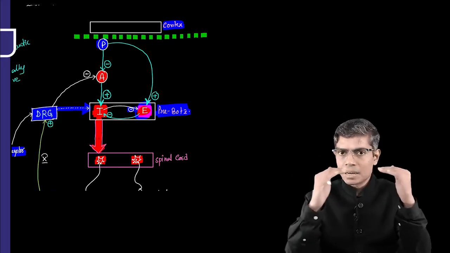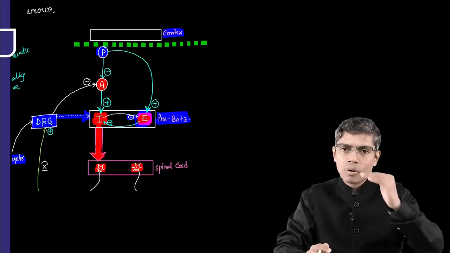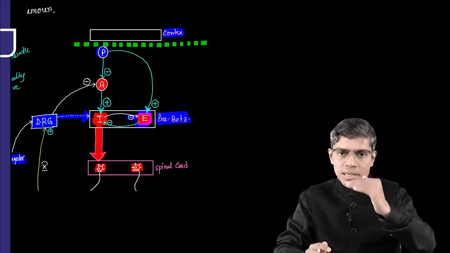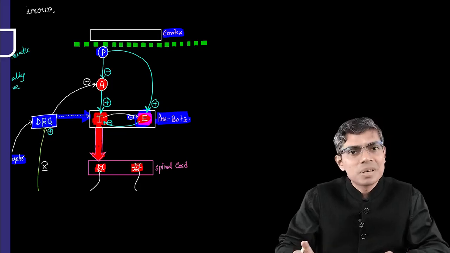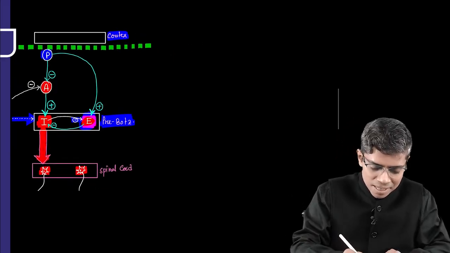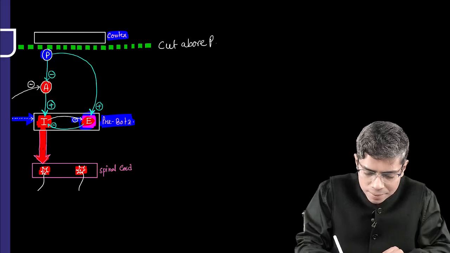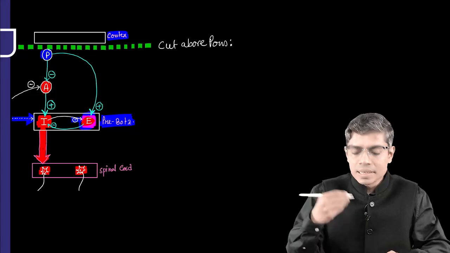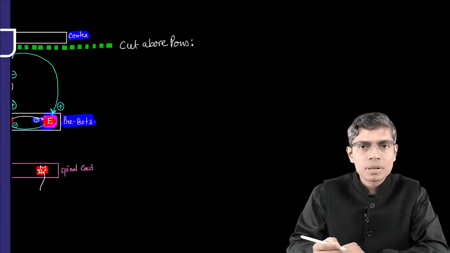Questions will be like this: if I give a cut above the Pons level in an experimental animal, then whenever you give a cut at the upper part of the Pons, I can understand that the cortex is separated, meaning cortical control on the other respiratory centers is lost. So what is going to happen? What will be the result? Here I am writing: cut above Pons. Whenever you give a cut above the Pons, your cortical control is lost. What is the role of the cortex?